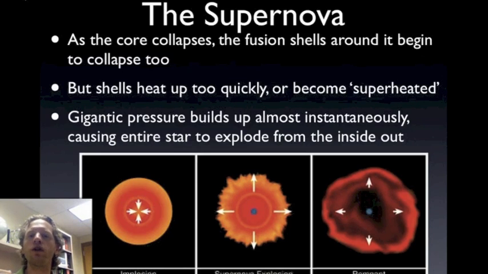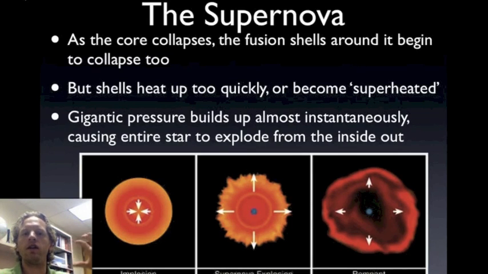But so again, a supernova is triggered by that collapse of the iron core, but it's brought about by those shells trying to collapse along with it until they get superheated and generate so much pressure in a split second that everything just explodes outward. And the cool thing is every single element that we have in the universe today that's heavier than iron is generated in that supernova itself.